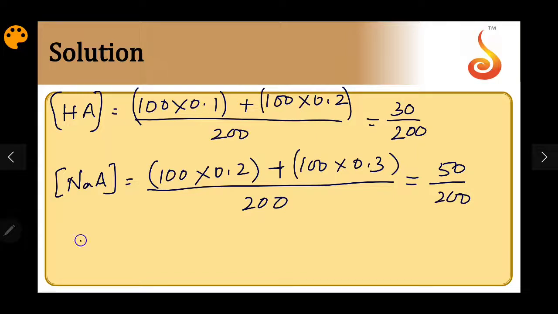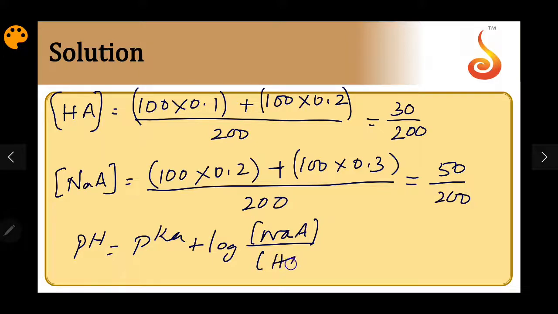So we know that pH is equal to pKa plus log of concentration of NaA by HA. So this is equal to 5 plus log of 50 by 200 over 30 by 200, the 200s cancel, the zeros cancel.